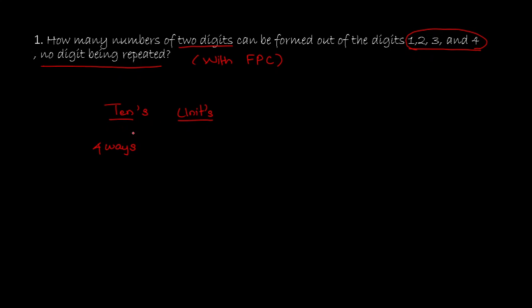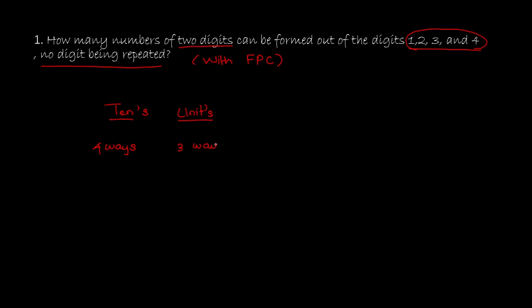Once one number has been chosen, we cannot choose this number again because no digits are being repeated. So I have to choose one number from the remaining three numbers for the units.